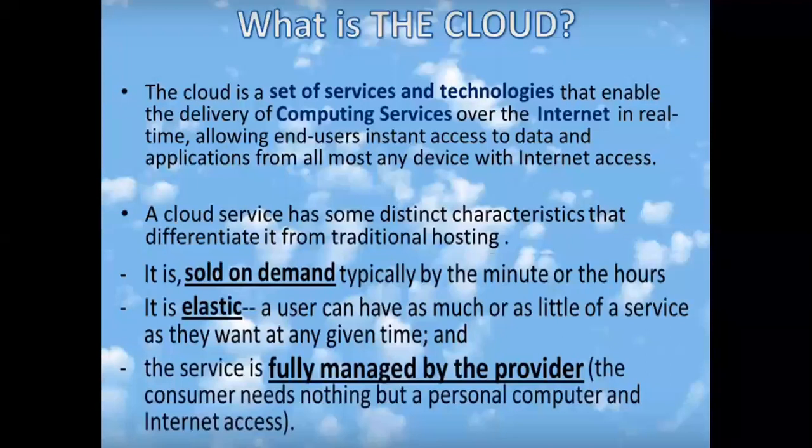So the cloud is a set of services and technologies that enables the delivery of computing services over the internet in real time, allowing end users instant access to data and applications from almost any device with internet access. Just like your IoT, cloud computing also relies on the communication network, which provides various services.